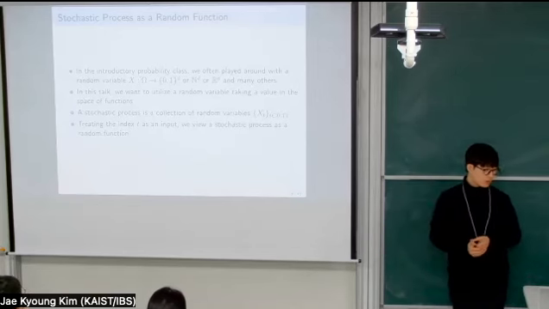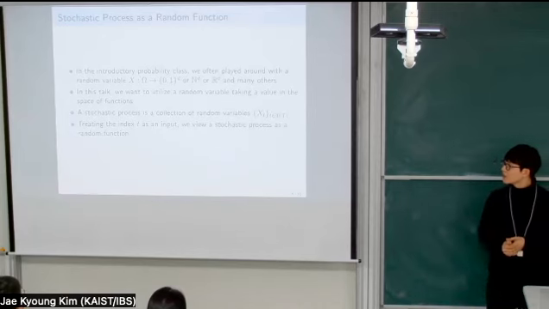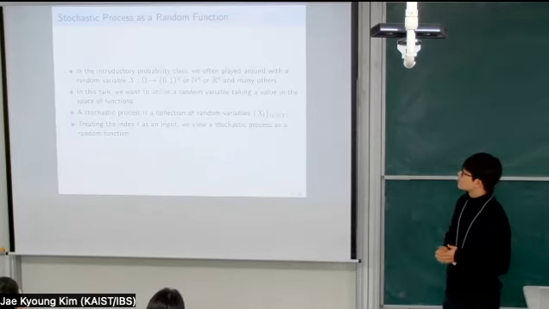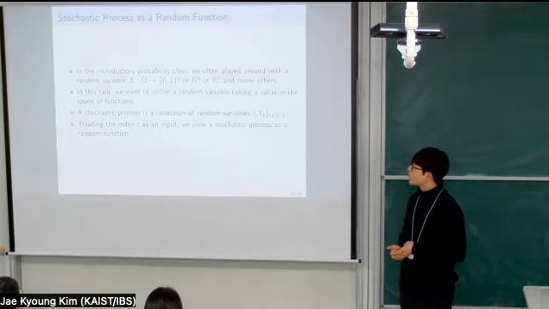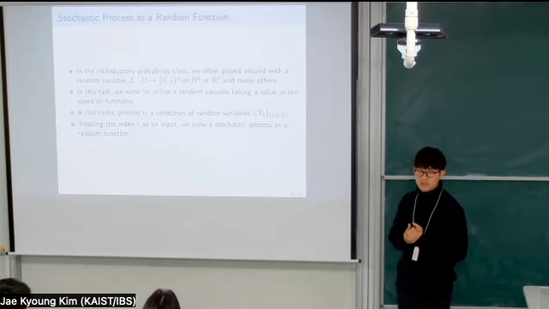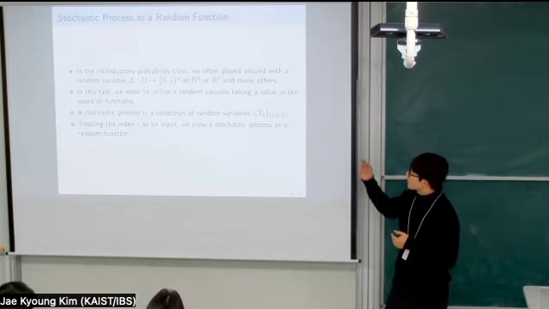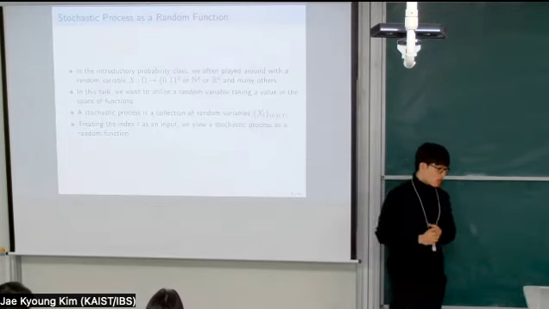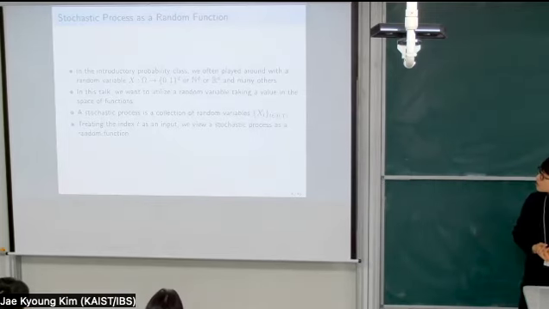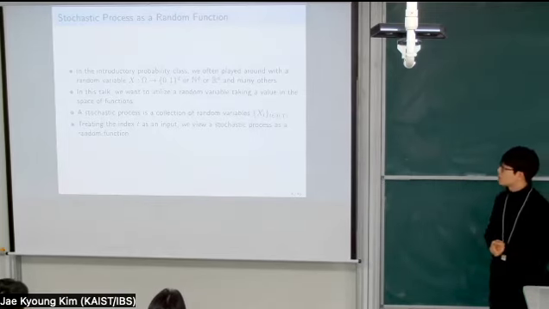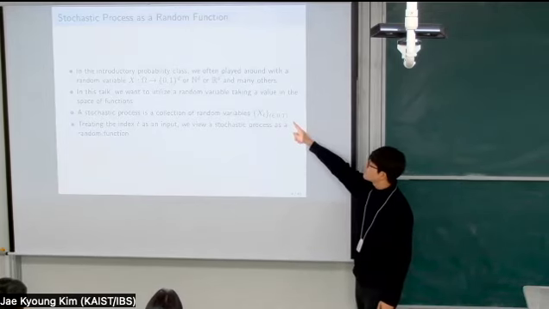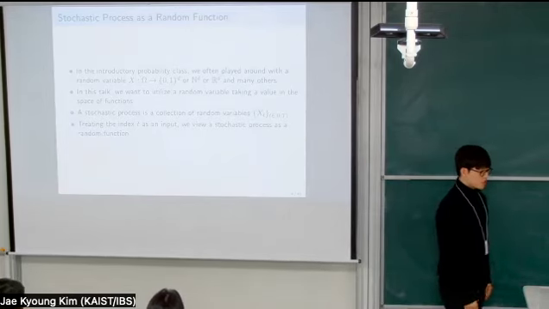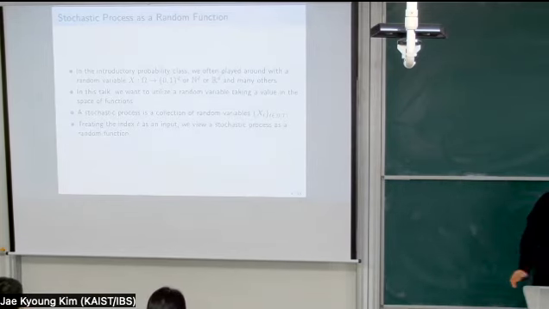And if you know about stochastic processes, we already know this random variable, because a stochastic process is basically a random variable that takes a function. Why? Because the index could be viewed as an input for the function. So by viewing the index as an input, we view the stochastic process as a random function, okay?